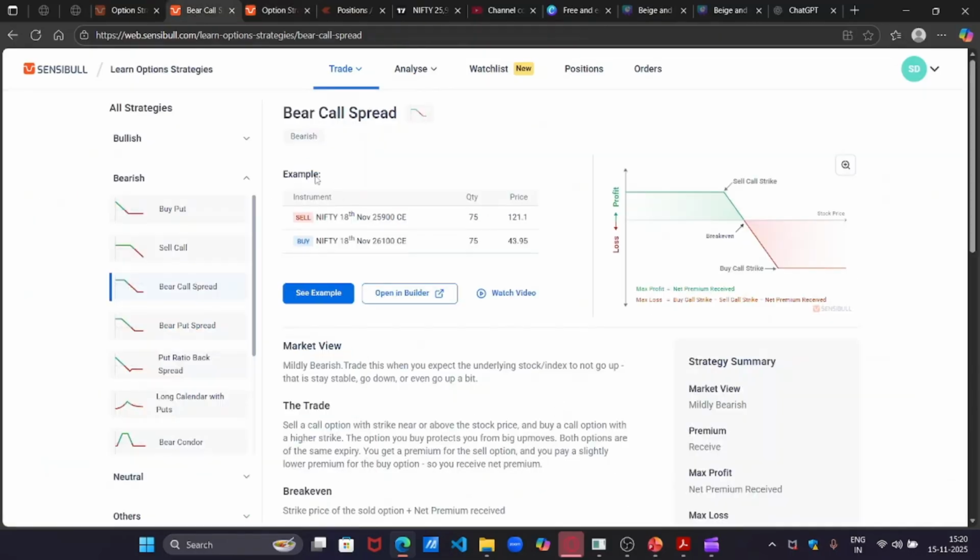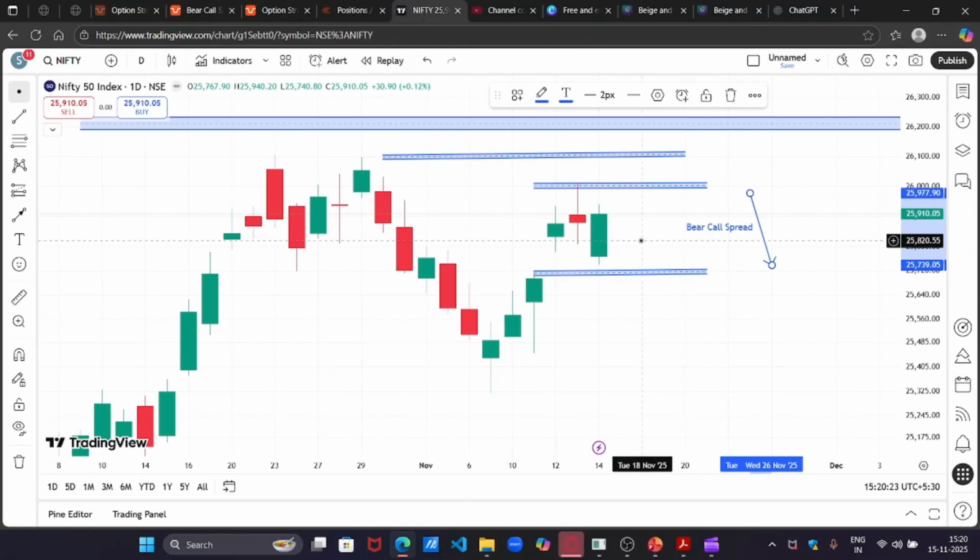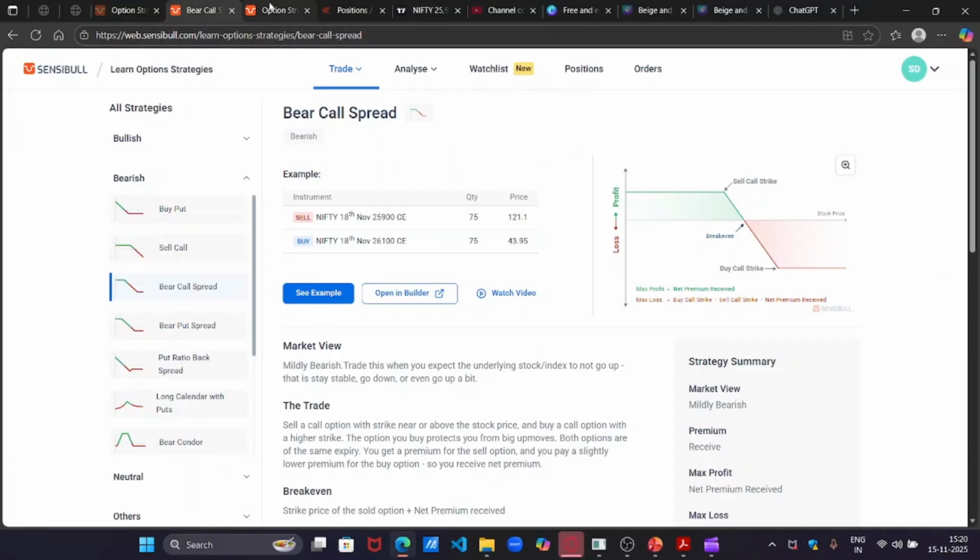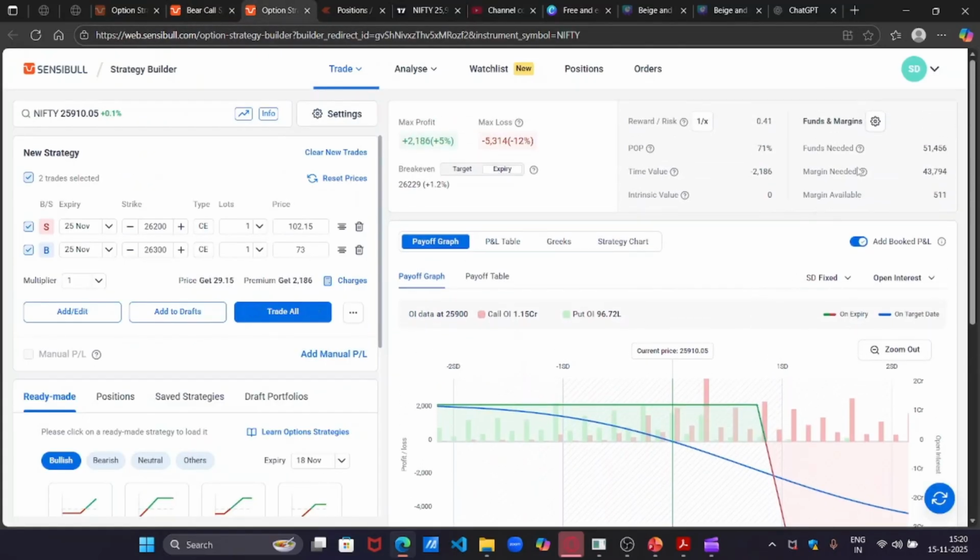So if you go here, Nifty, if the market moves to 26,200 as well, then also I'll be in profit in this strategy. The only thing is that the capital used here is 43,794 margin used, and you will need approximately 50,000 to trade the strategy, and you will gain 2,000 rupees from here.